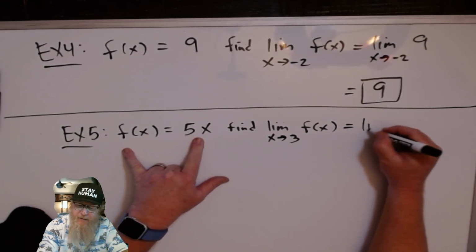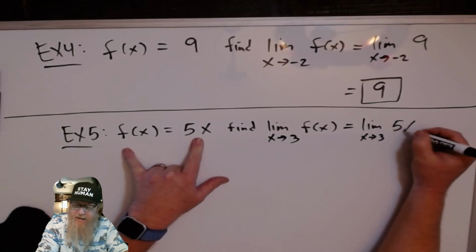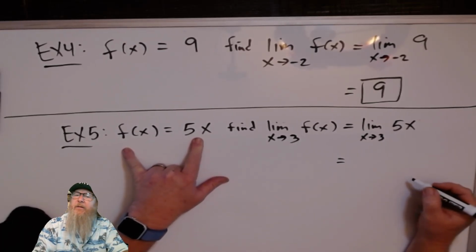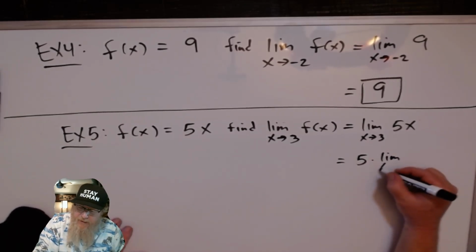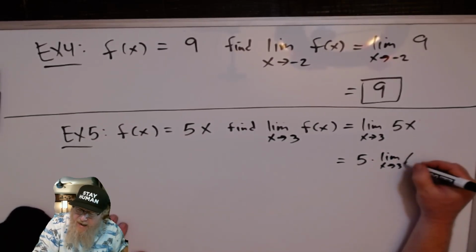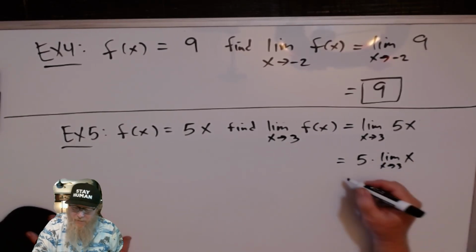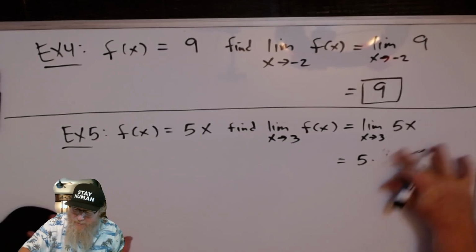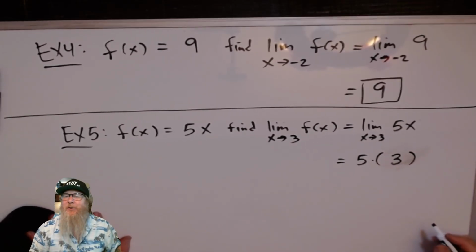We have the limit as x goes to 3 of 5x, which is 5 times the limit as x goes to 3 of x. I don't really need to write that step. I'm not going to. The parentheses are just going to be 3.